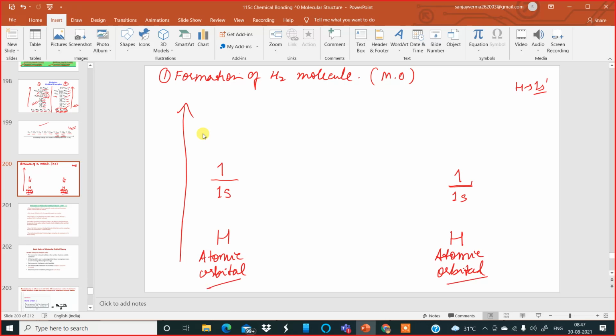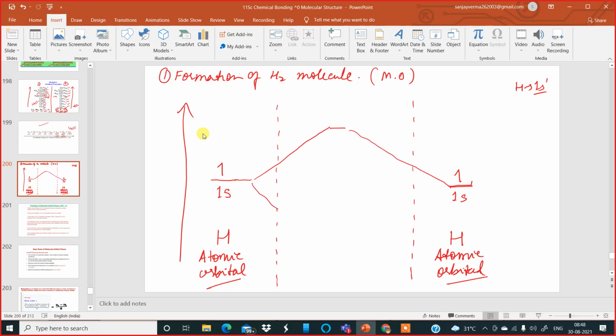Now they have to combine by the linear combination of atomic orbital method. So I will make a dotted line over here. Here also I'll make a dotted line. Then I will draw a line and make two molecular orbitals like this.